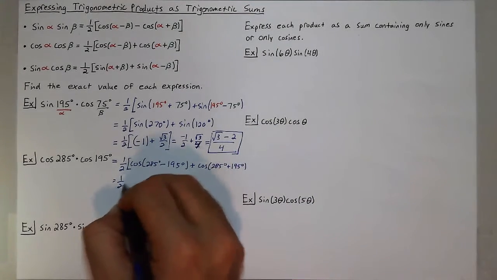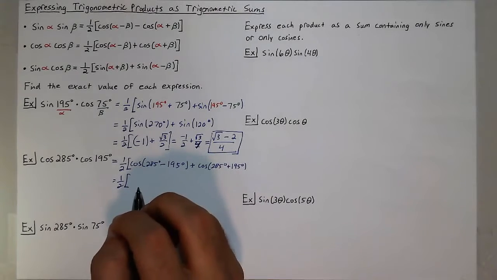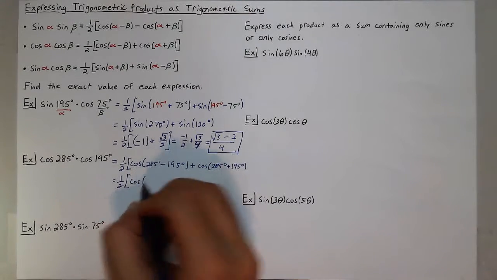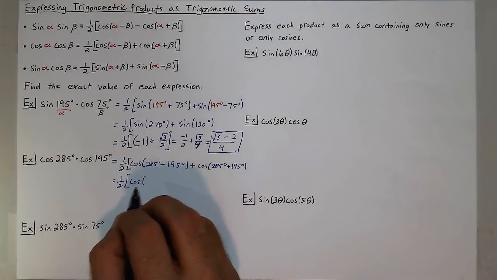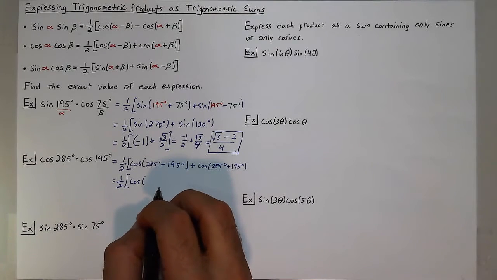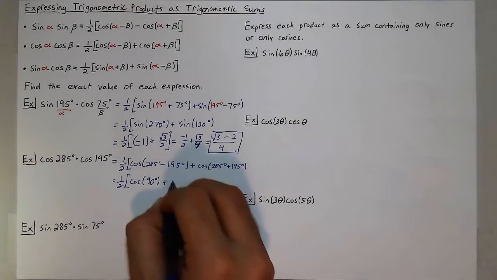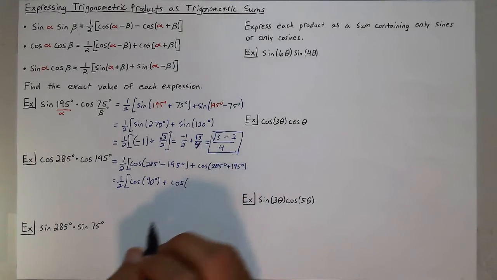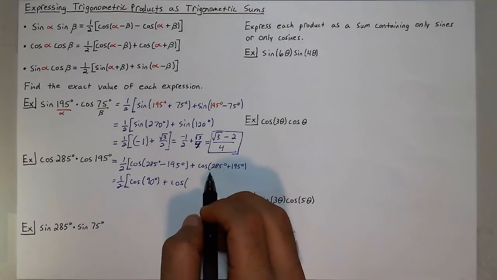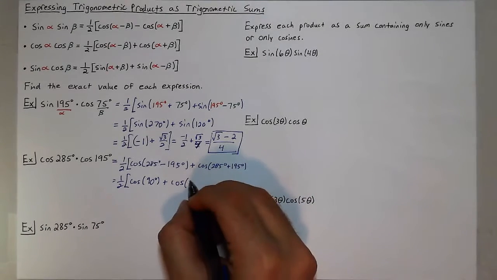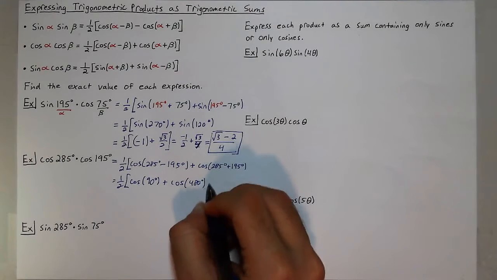So I get 1/2 of cosine of what looks like 90 degrees for 285 minus 195, plus the cosine of 285 plus 195, which is 480 degrees.